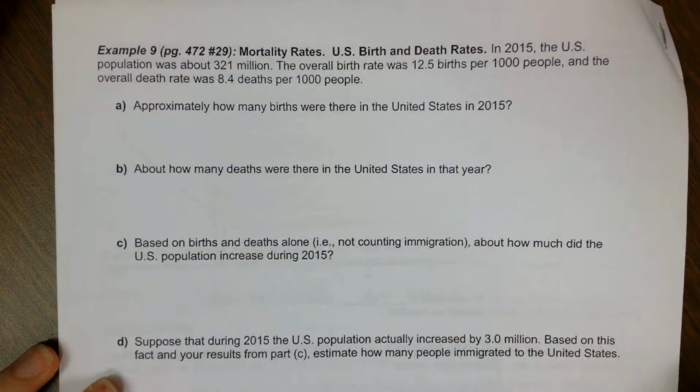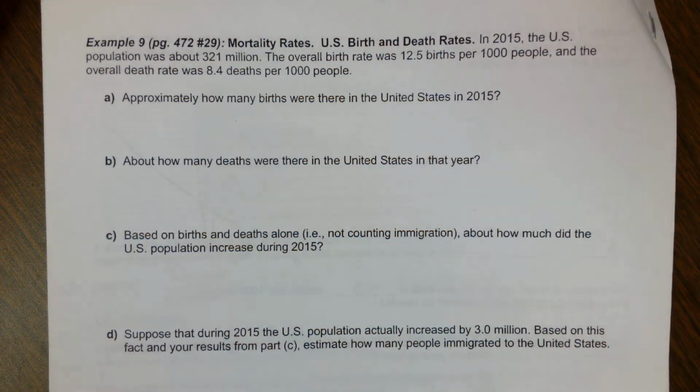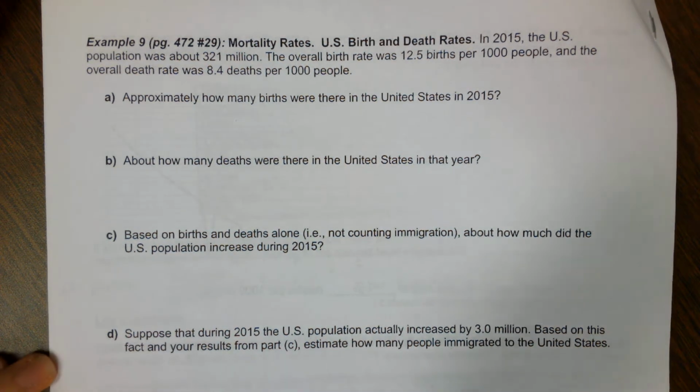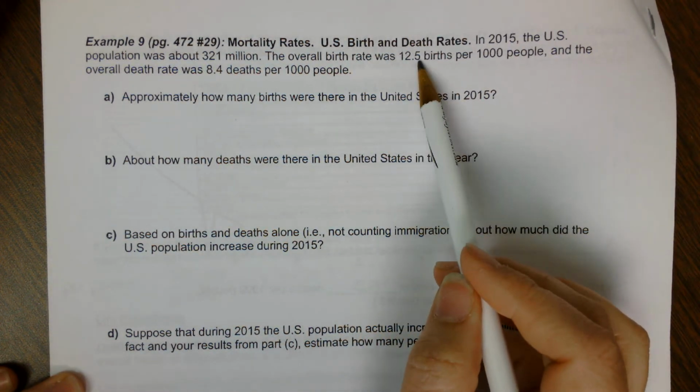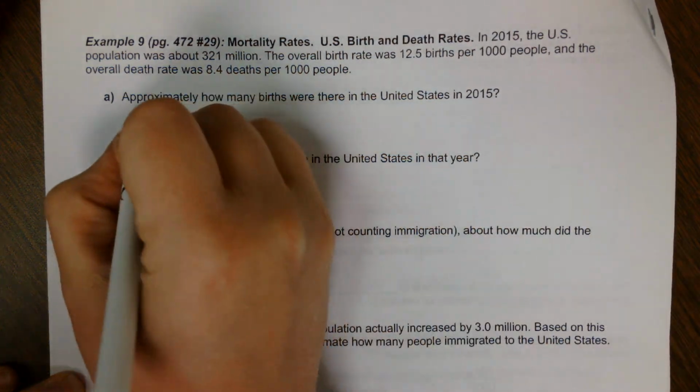Okay, last example. In 2015, the US population was about 321 million. The overall birth rate was 12.5 births per 1,000 people, and the overall death rate was 8.4 deaths per 1,000 people. So approximately how many births were there in the United States in 2015? Okay, so we have a rate. We have 12.5 births per 1,000 people.